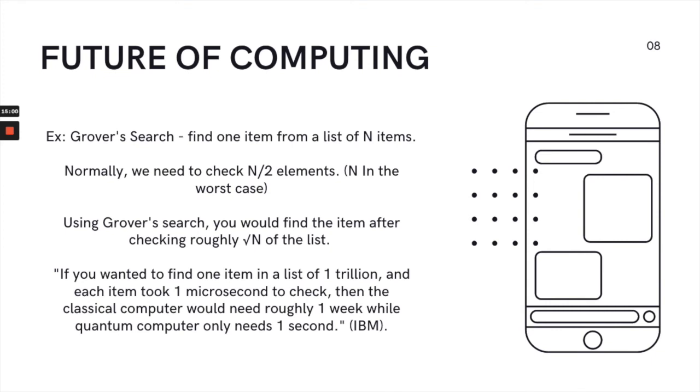quantum computers enable us to use that kind of algorithm. And according to IBM, if you wanted to find one item in a list of 1 trillion, and each item took 1 microsecond to check, then a classical computer would need roughly 1 week, while a quantum computer only needs 1 second. So as we can see, we can go back to the example of the traveling salesman problem.